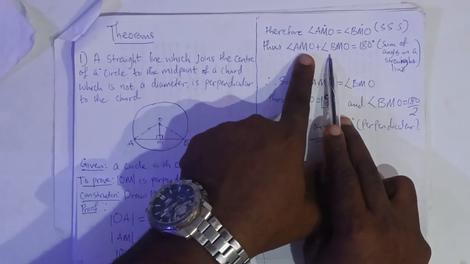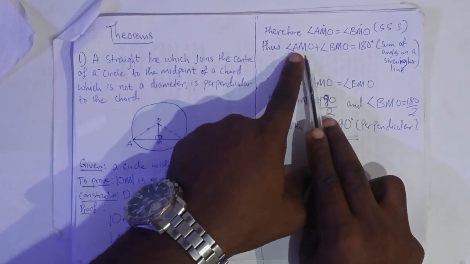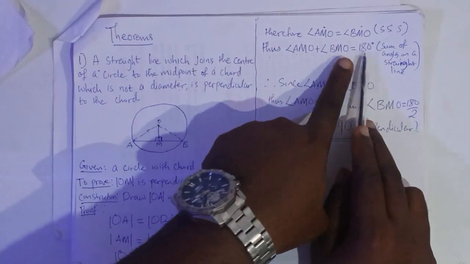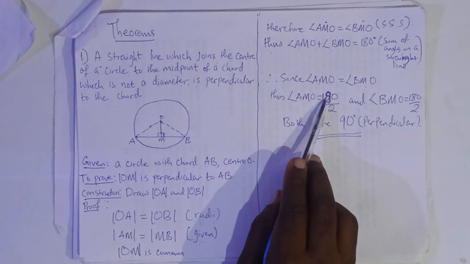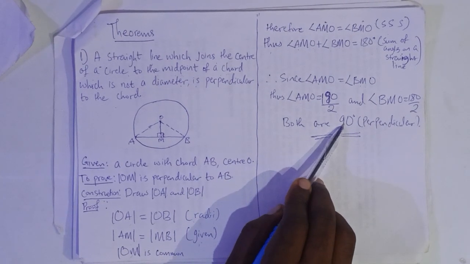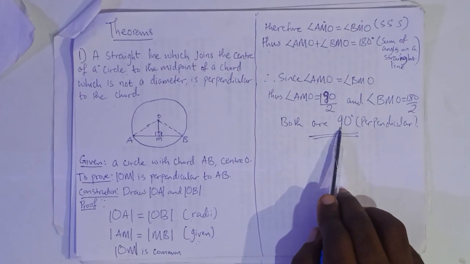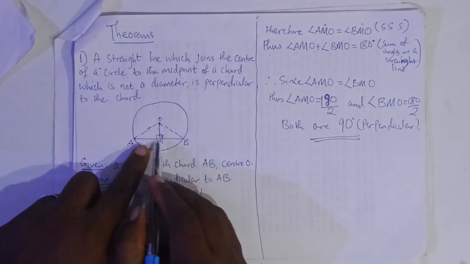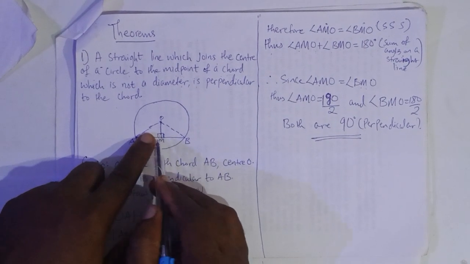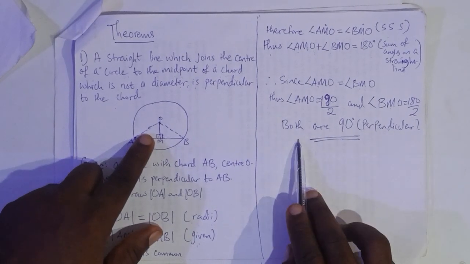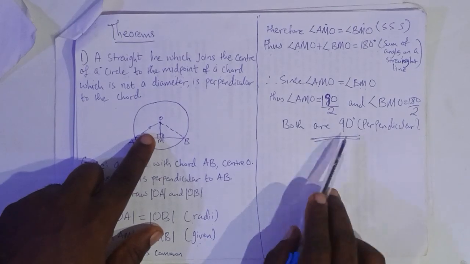Are you getting the point? Since both of them are the same, this one is half of this number and this is also half of this number. Now, if you take the actual half of 180, you're going to get 90. That is for angle AMO. And if you take the half of BMO, you're also going to get 90. So that proves that this angle is 90 and this angle is 90, which means it is perpendicular, because 90 degrees means perpendicular. So we have been able to prove that it is perpendicular.